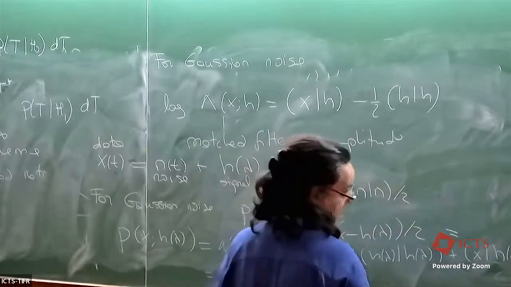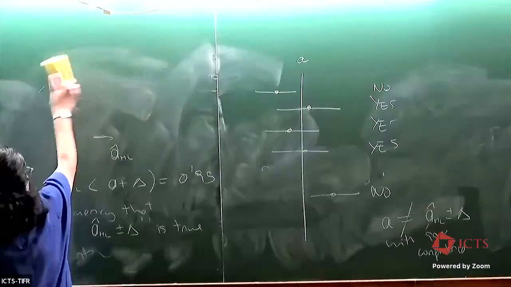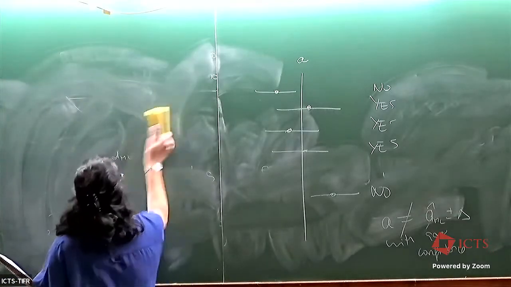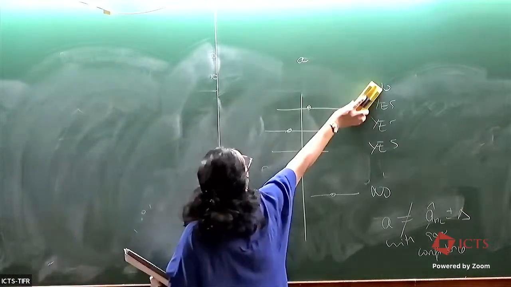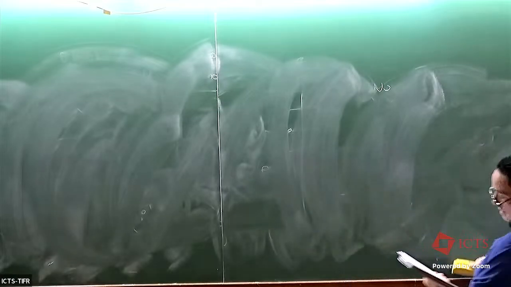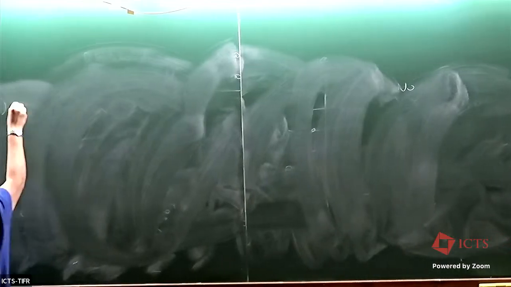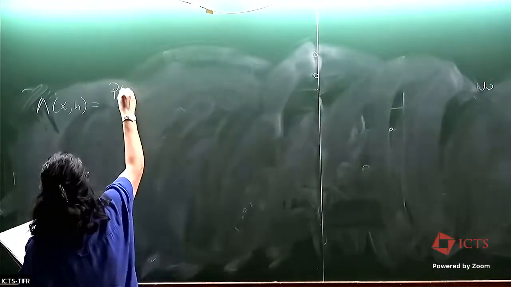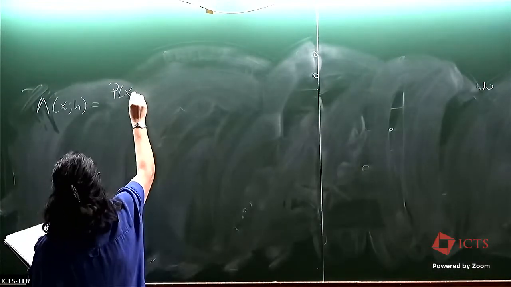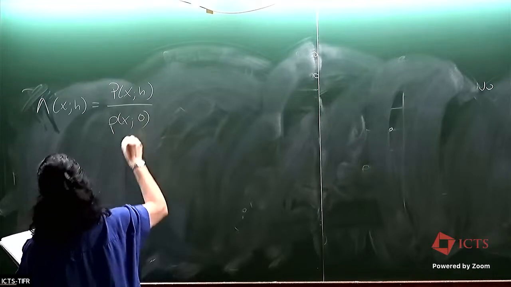Therefore, my likelihood of x and h is the probability of x given h over the probability of x when I have no signal.